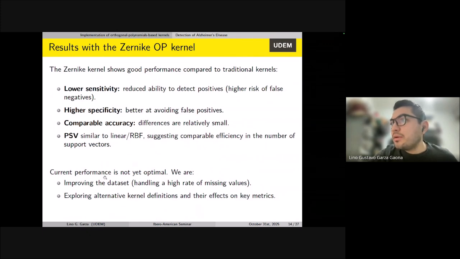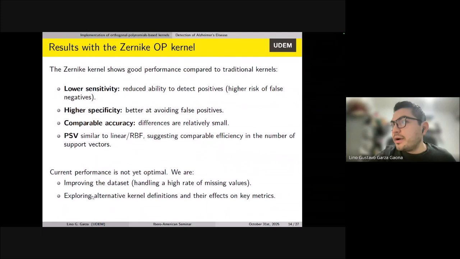And then we focus on improving the data set, because that's one of the main problems when you work with data, that the data set is always tricky, let's say. You always have missing values, or you have to make some treatment to the data in order to produce good results.